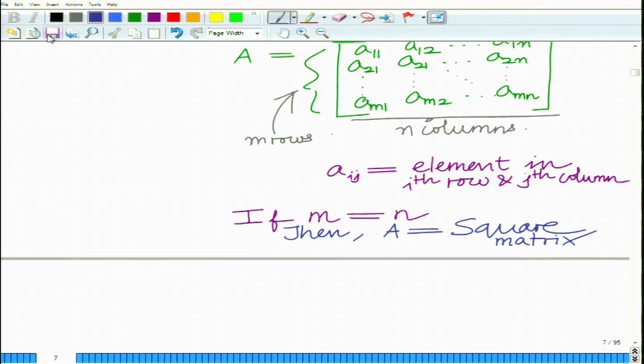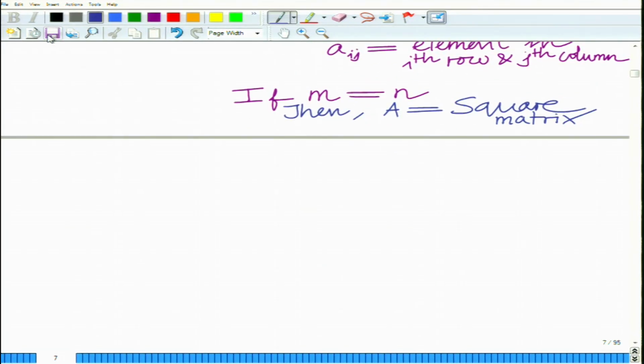Okay. Let us now look at an important concept of the row space and column space. Now, to first understand this concept of a row space and column space of a matrix, we have to understand what we mean by the space and what we mean by the rank of a set of vectors. So, let us start with this notion of rank.